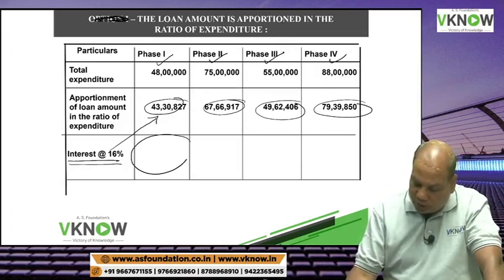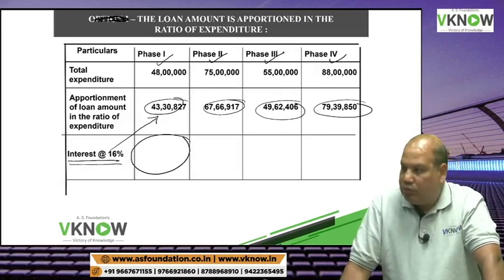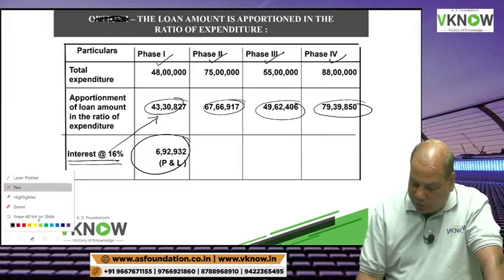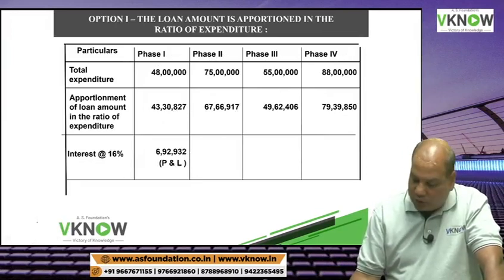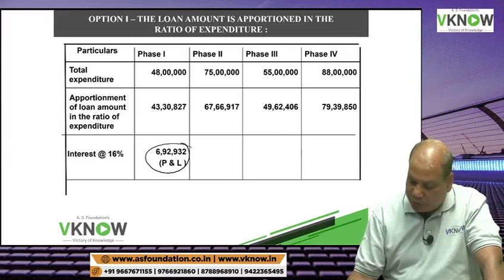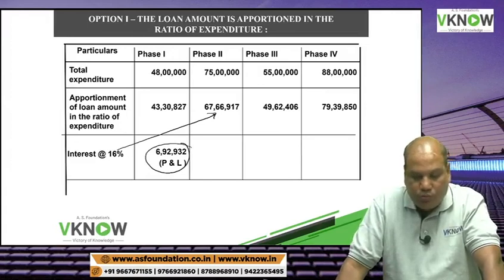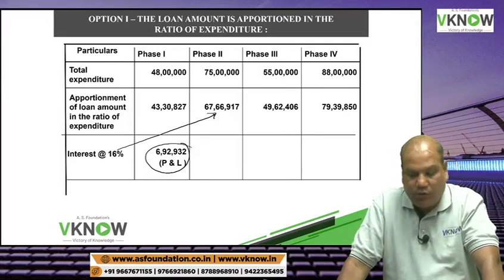How much will you write here? 16% will be 6,92,932. Correct? Similarly, now you multiply for phase 2. 16% of 67,66,917.